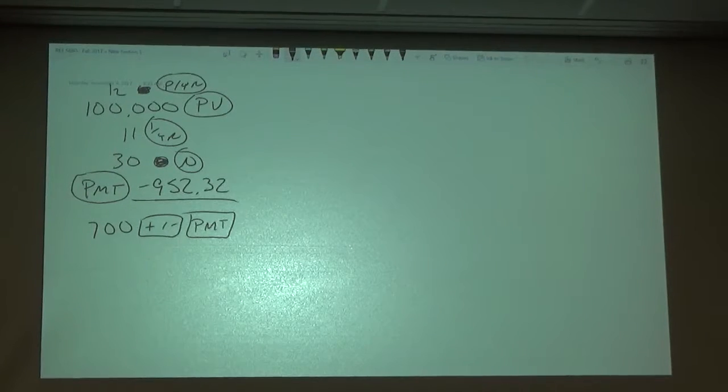Okay, let's see how much you actually still owe at the end of 30 years. To do that, you input 360, because 30 years times 12 months is 360 months.